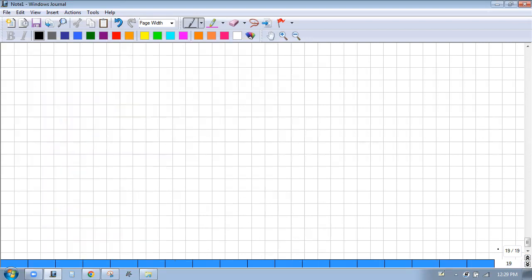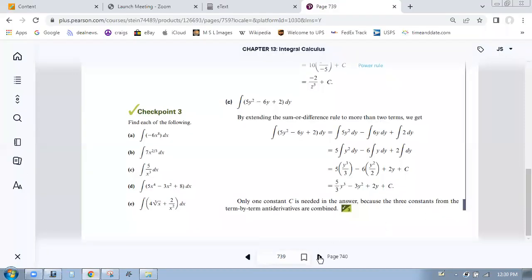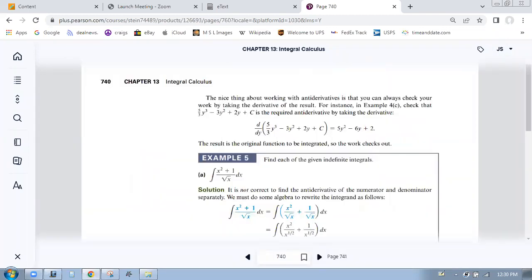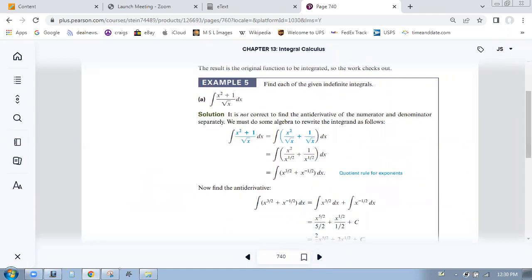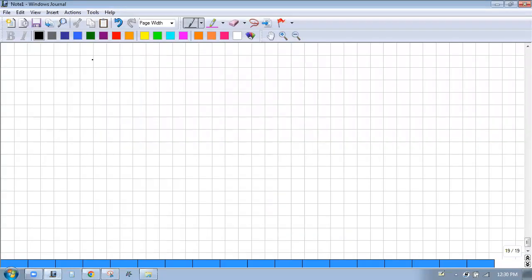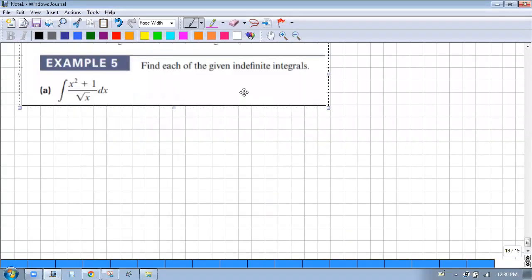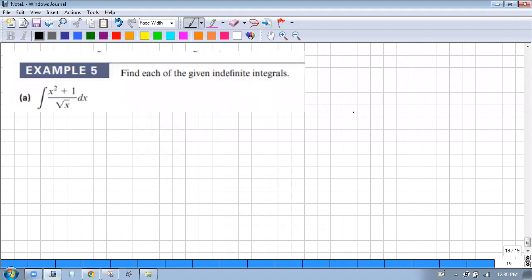All right, this thing, I'd look at it and be like, no freaking clue, right? But I can simplify this, right? What is x squared over the square root of x? What's x? This is x to the minus 1/2, so this is x to the 3/2, right?